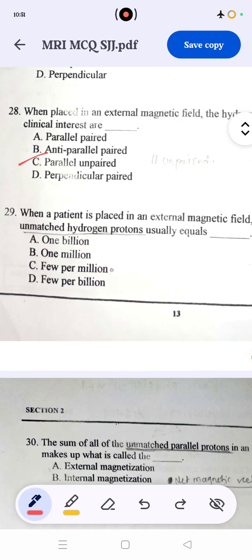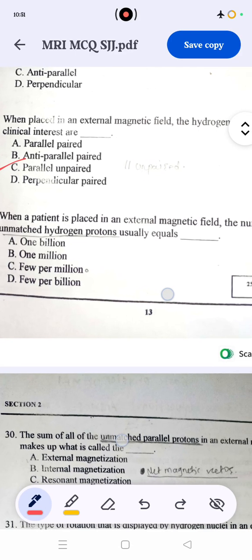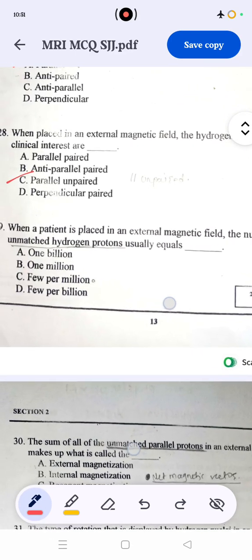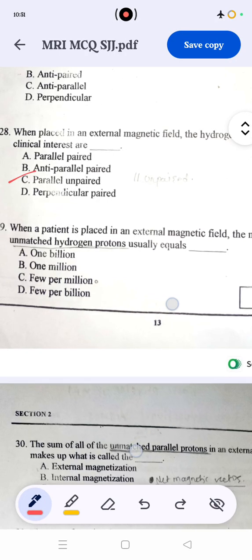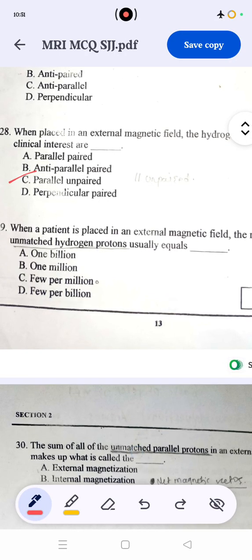Then when the patient is placed in an external magnetic field, the number of unmatched hydrogen protons is usually one per billion, one per million, or a few per billion.